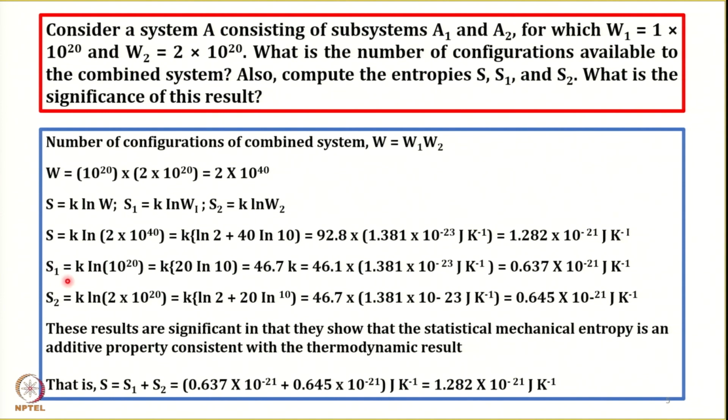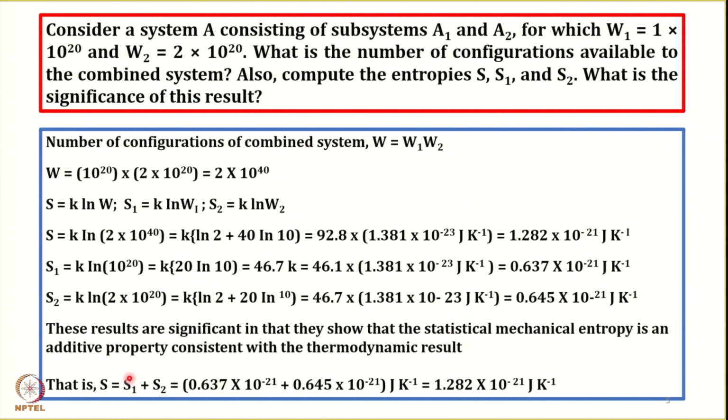Now let us do it for S1. Same approach. K log W1. W1 is 1 into 10 raised to the power 20. So you put 10 raised to the power 20 and then you solve it. By solving, the answer comes out to 0.637 into 10 raised to the power minus 21.